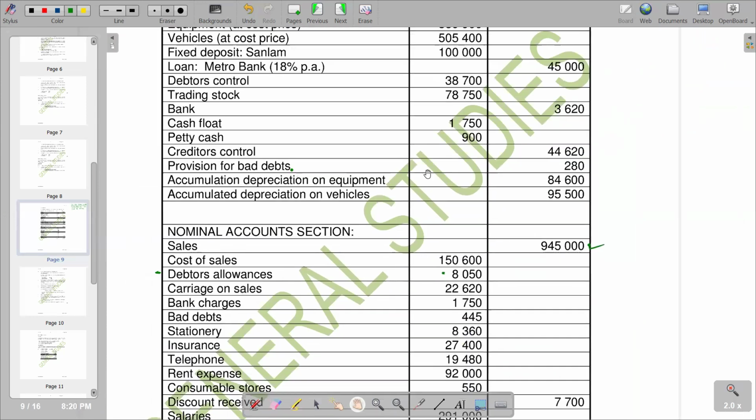You see the figure indicated there is our cost of sales, and it is 150,600. Obviously, you also have to go through the additional information to see if there is any adjustment affecting your cost of sales. According to this question, we do not have any in the additional information. So we are going to take 150,600 as it is and indicate it as our cost of sales.